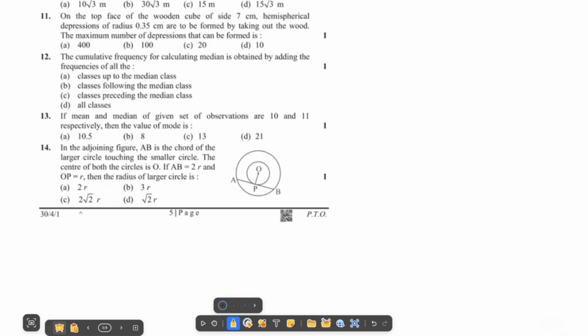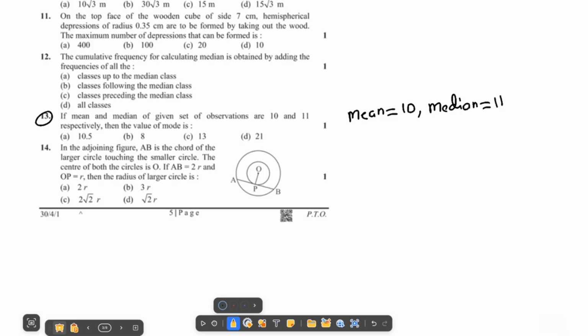Next, 13th question is, if mean and median of a given set of observations are 10 and 11 respectively, then the value of mode is. So here mean is given and median is also given, and we have to find the mode. So what is given here? Mean is given as 10 and median is also given as 11, so we have to find the mode.